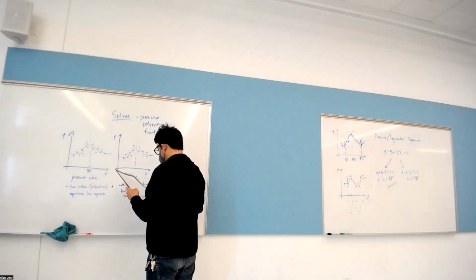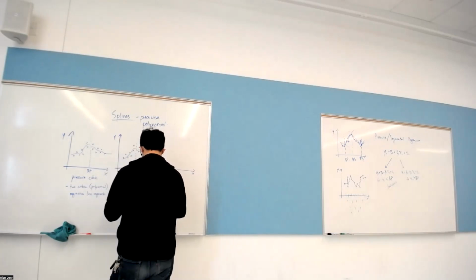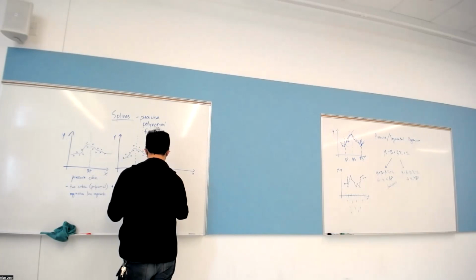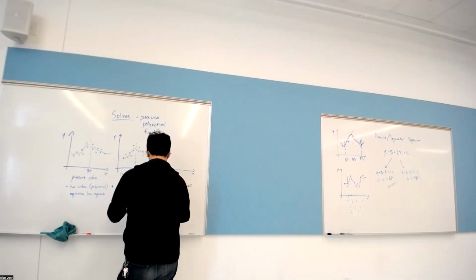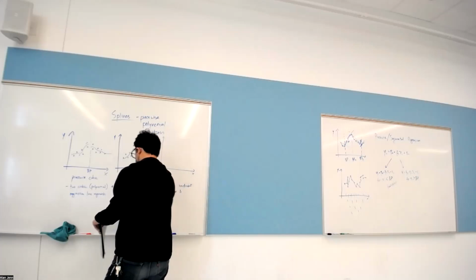And the last one is that you add another constraint that lines must be smooth.